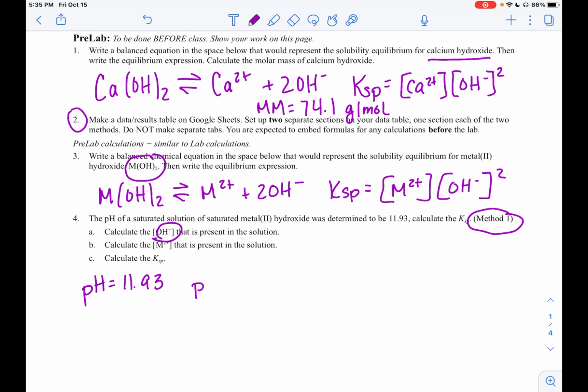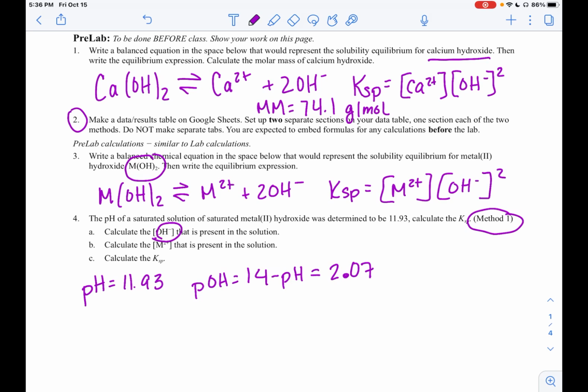You know the pOH is 14 minus the pH. So here, that's going to be equal to 2.07. Okay, and this goes back to just those pH, pOH rules that we talked about.